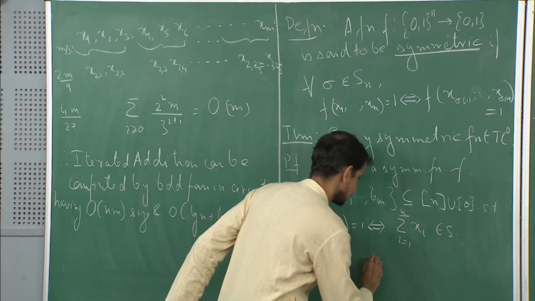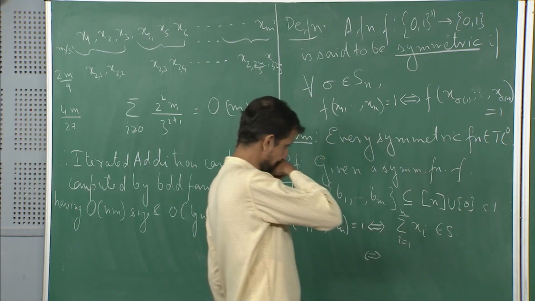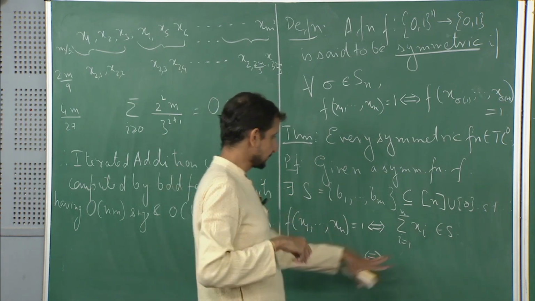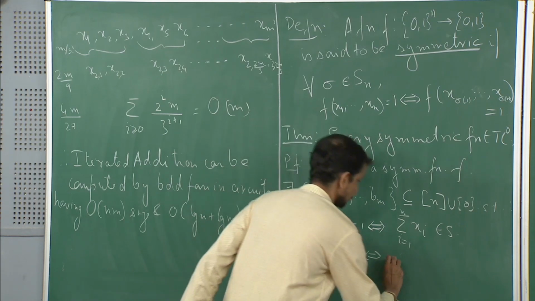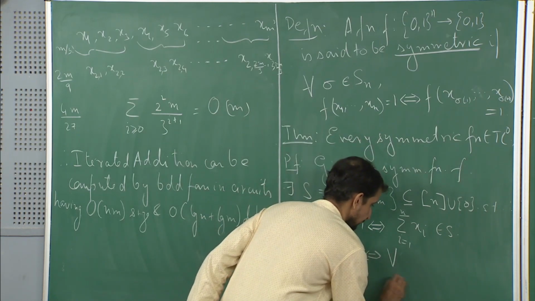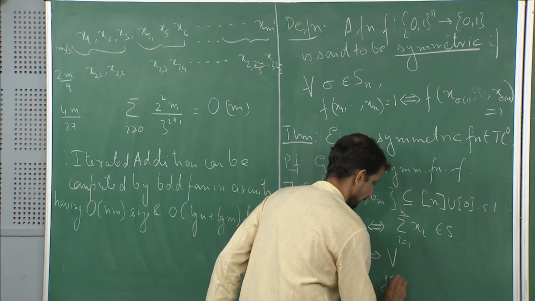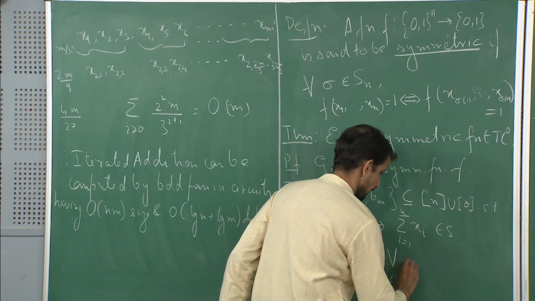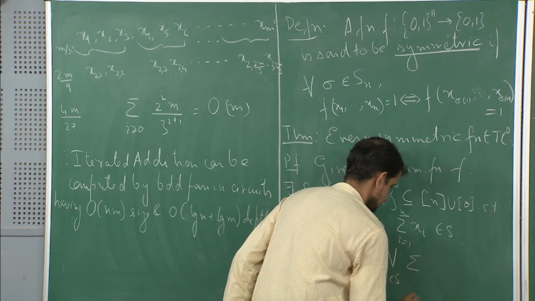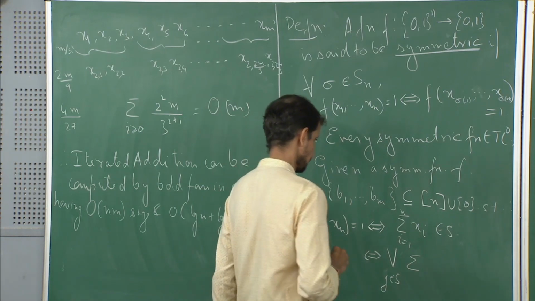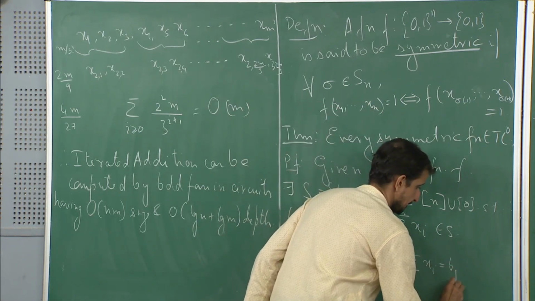So now how do I write this? This belongs to S, and S can have any value in this range. So this can be written as an OR over bj belonging to S of the statement sigma xi equals bj.